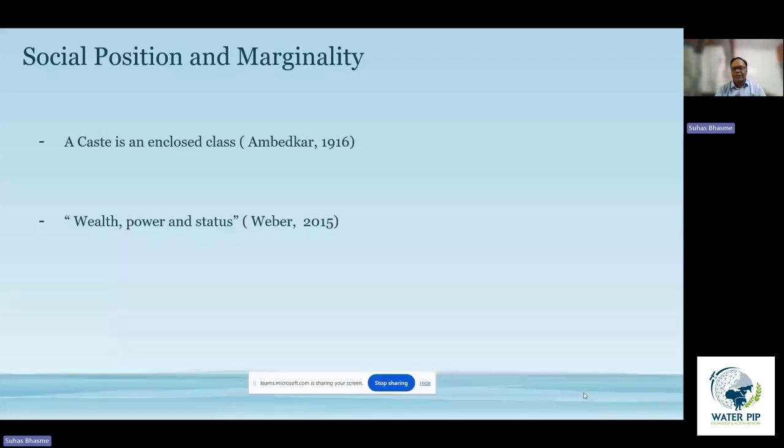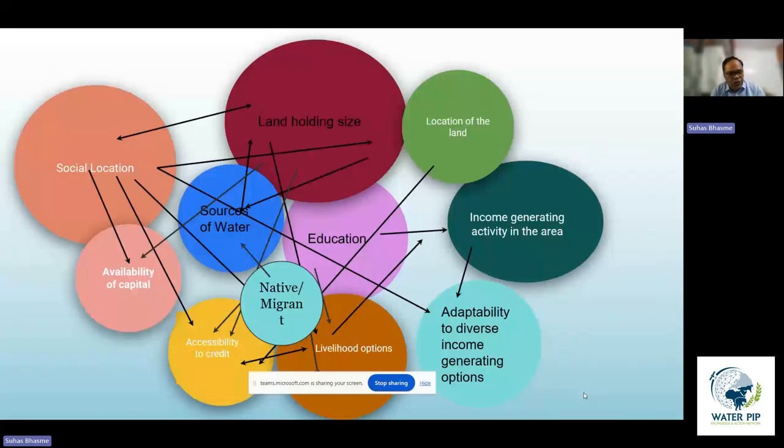So what we see is an interesting interdynamic between the caste groups, their location, and the way they access resources. As I explained, your social location as well as your landholding size, that means both your caste and class, have a lot of influence on how you access resources, such as the availability of credit.